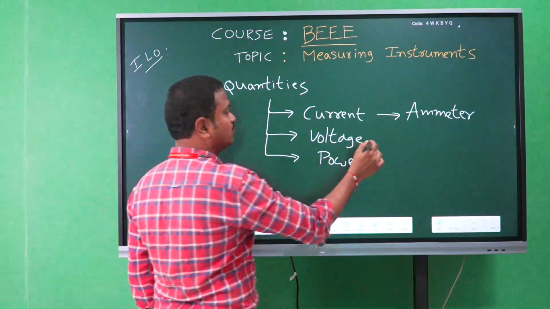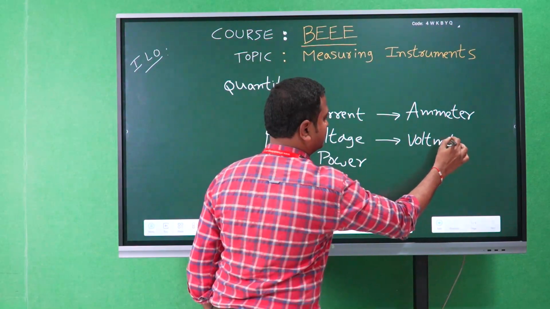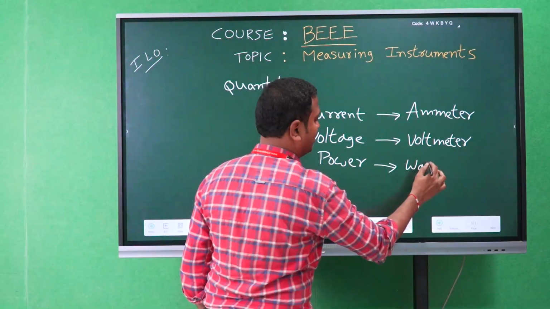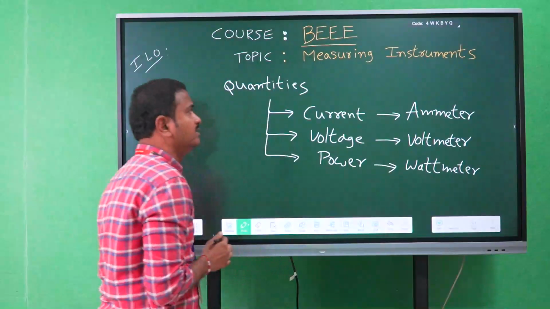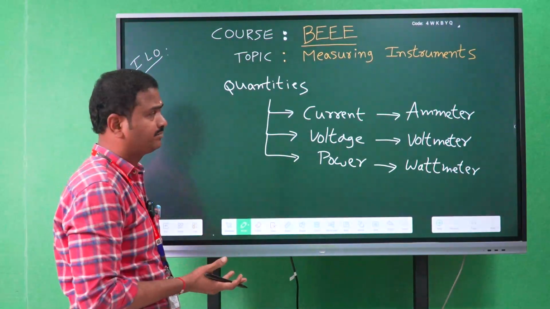The instrument which measures voltage is called a voltmeter. The instrument which measures power is called a wattmeter. So these are some of the instruments which measure electrical quantities.